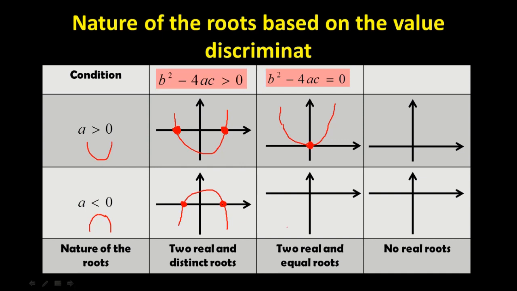So for masam graph, it will look like this. So we have one root here. And the next one is discriminant b squared minus 4ac less than 0. The value of discriminant is less than 0.